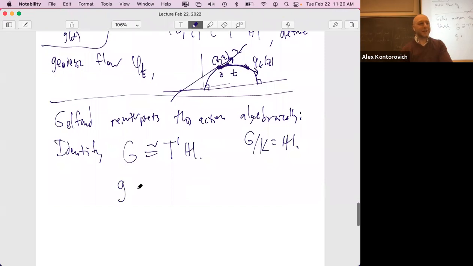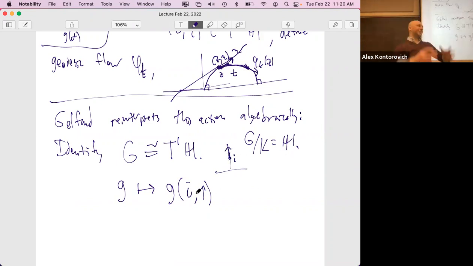If we take a point G and map it to the action of G on the unit tangent point, let's call it (i, up), my central point, although any point will do. Do you have a trivial stabilizer? Well, that's exactly what we're about to show: that this action is transitive and that the stabilizer is trivial, in which case we get this identification in the same way that we had the previous one.